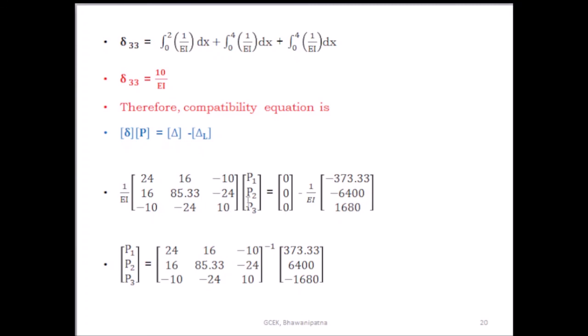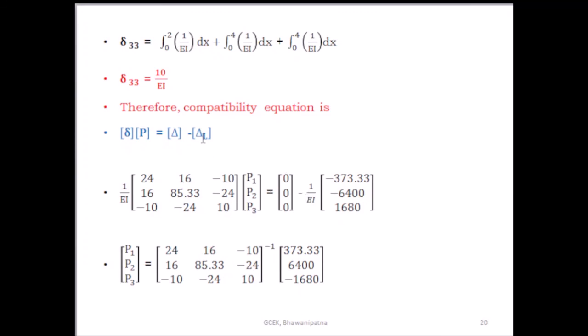After putting these values, this is the flexibility matrix, a 3 by 3 matrix, and these are the redundant forces P1, P2, P3 that you have to find out. This is equal to 0, 0, 0, because there is no displacement at coordinates 1, 2, 3.